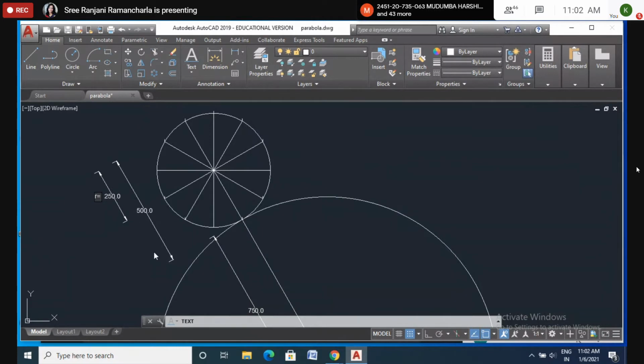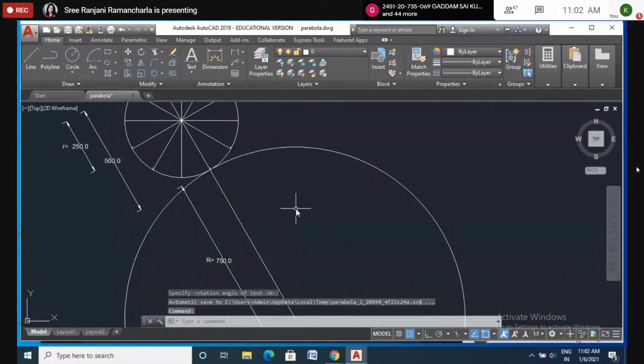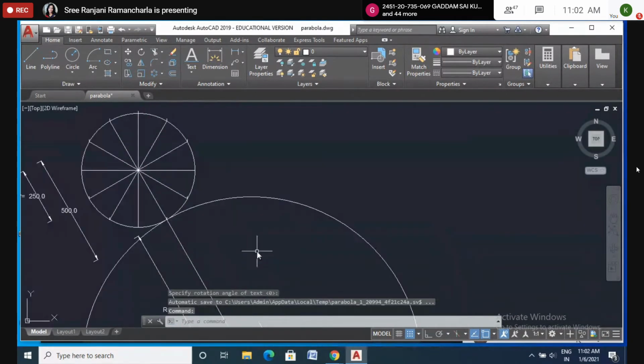Small r is equal to this one, and capital R is 7.5. Please don't write 750, write it 7.5. Okay. Now is it clear now?